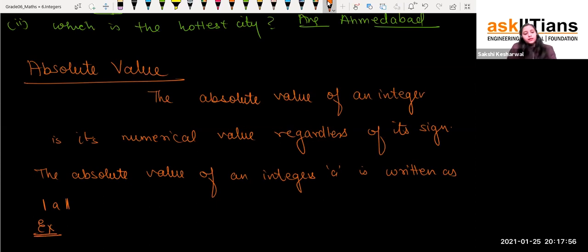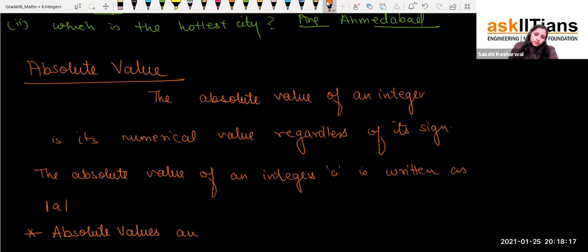One more important thing, like a note point: the absolute value is always a positive quantity, right or not? Written as mod a, right? So can I say that absolute values are always non-negative? Yes or no? It cannot be negative.